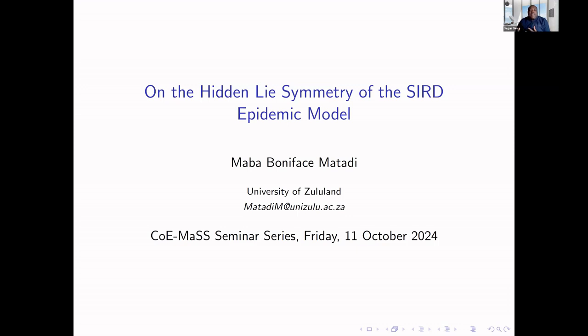He will also tell us about identified transformations that simplify the model, uncovering previously unnoticed invariants that have implications for both theoretical understanding and practical application in epidemic modeling. These results open avenues for more efficient numerical schemes and provide insight into the underlying mathematical framework of the model.